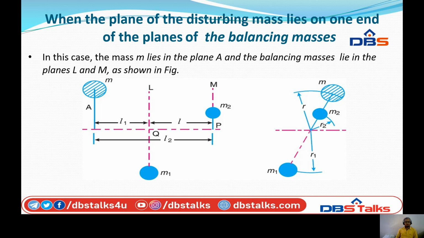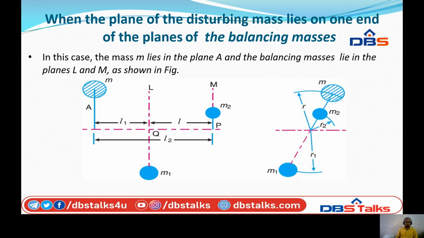That is the A plane and M plane. For these two, the masses are acting in the upward direction, and for the plane L, the mass is kept in the downward direction.